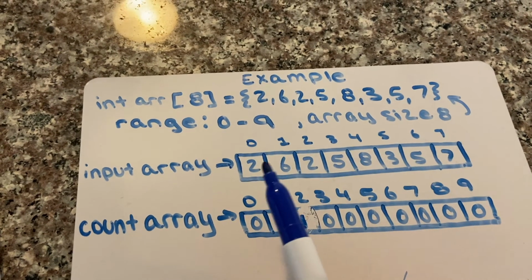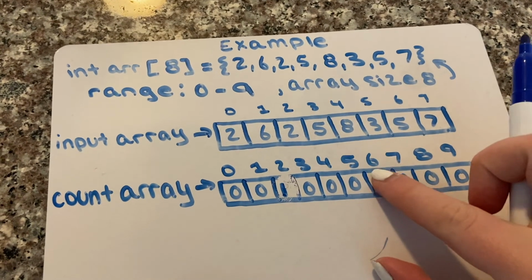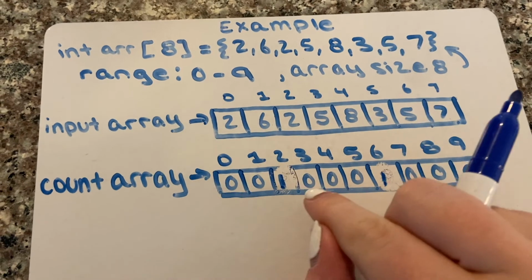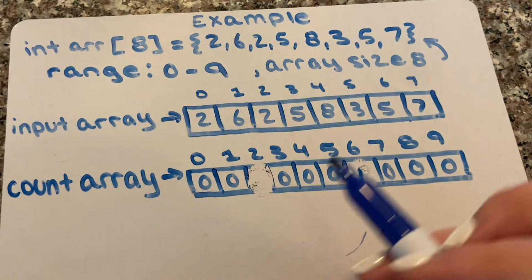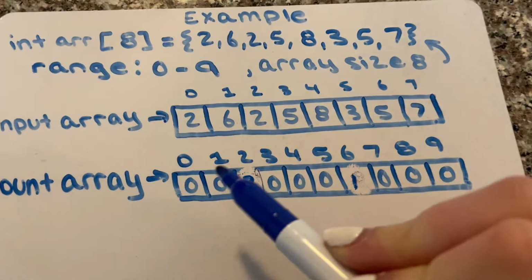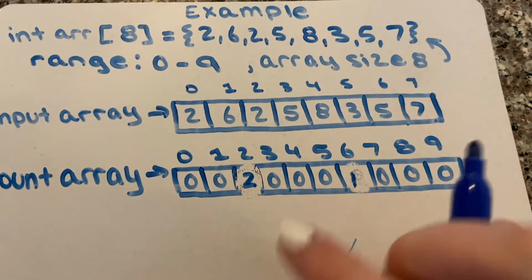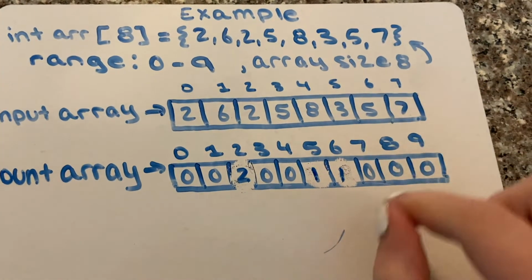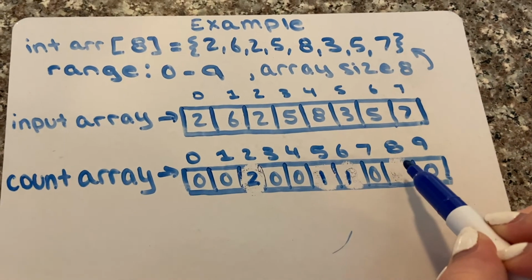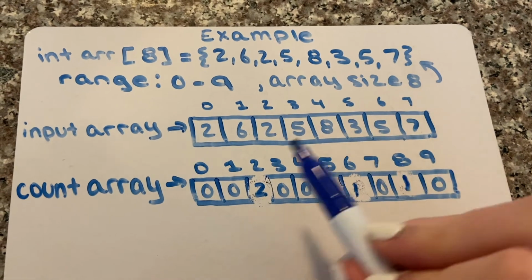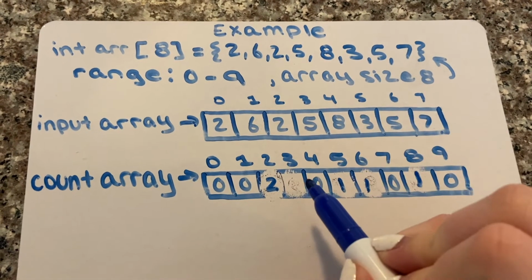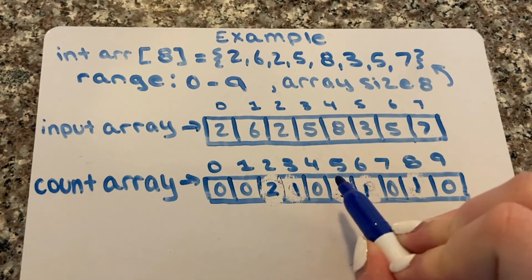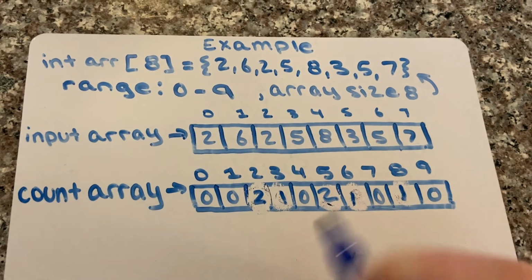We'll move in the input array to number 6. Therefore, we put a 1 at index 6. 2, so we go back to the count array, go to spot 2, and we iterate that by 1, making it 2. We go back to the input array, we see number 5, so we iterate place 5. 8, same thing, iterate spot 8. 3, go to 3 here, make that 1. 5, go back to 5, make that 2, and last but not least 7.